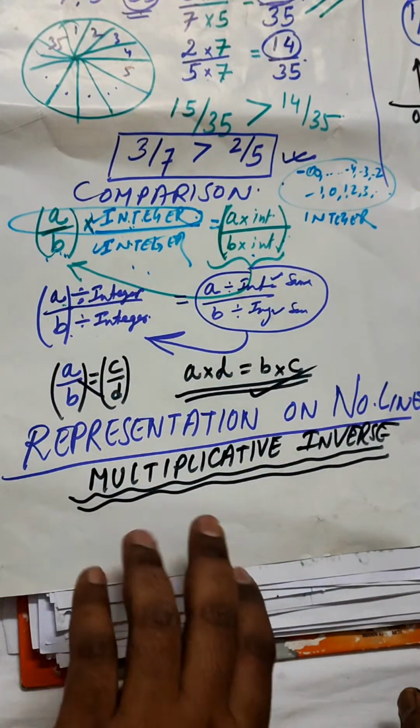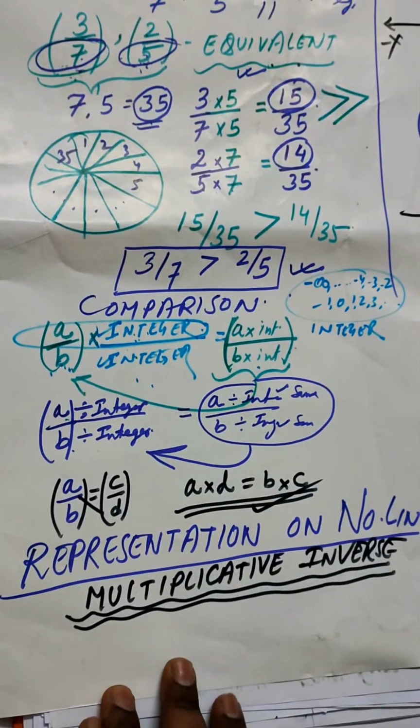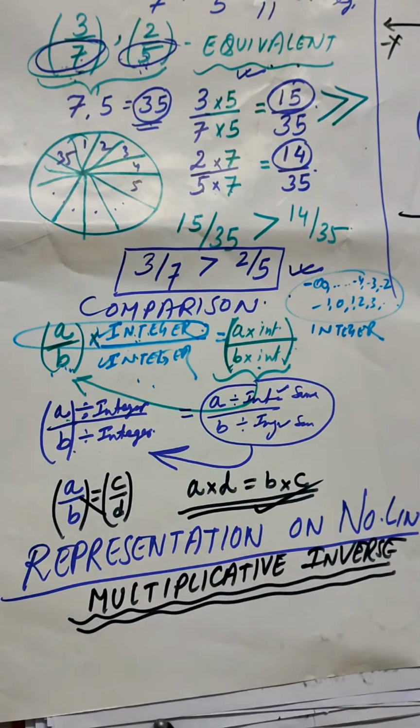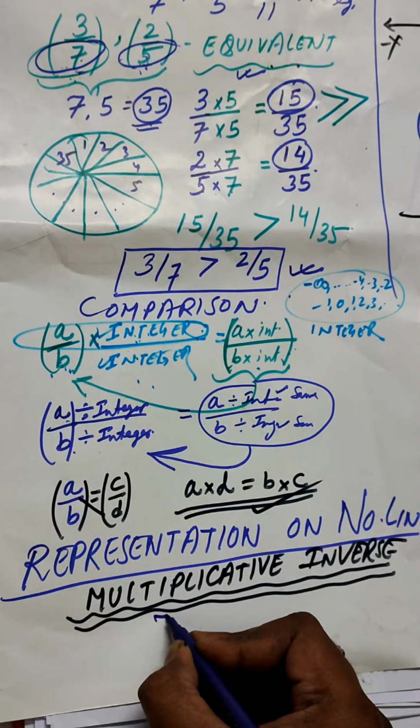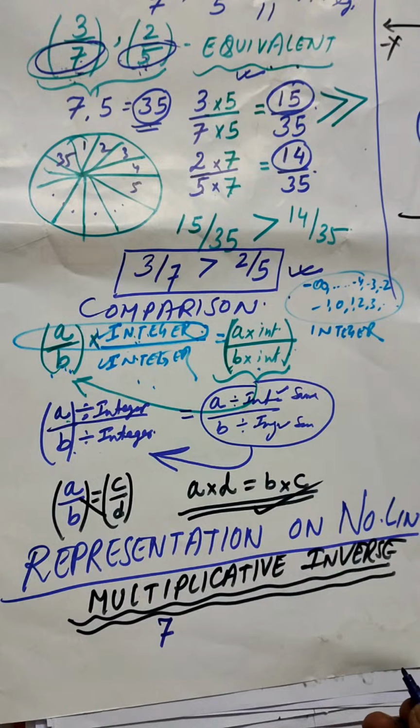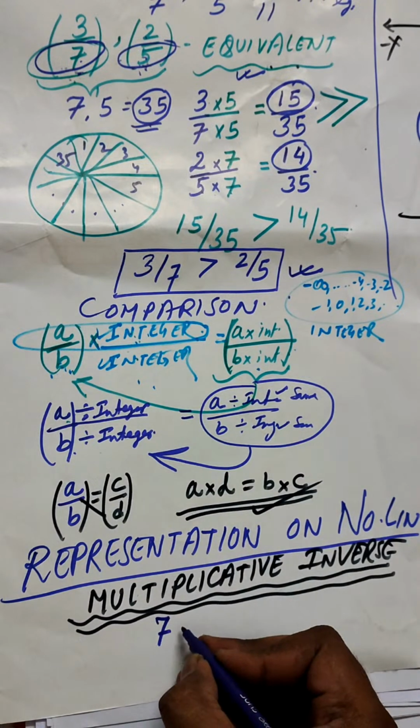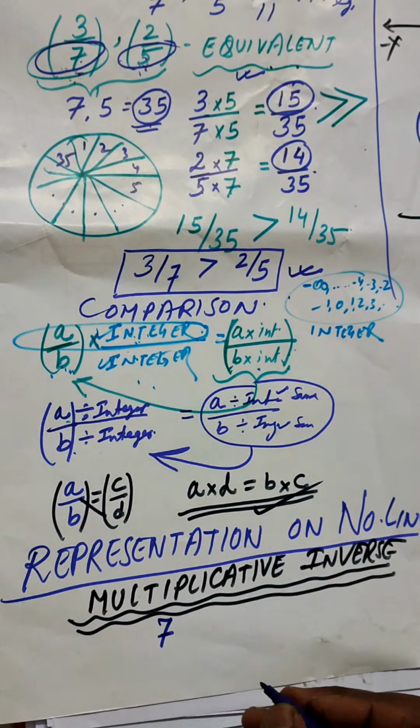For multiplicative inverse, let's say a number is there, 7. We'll take the same example. We need to find the multiplicative inverse.